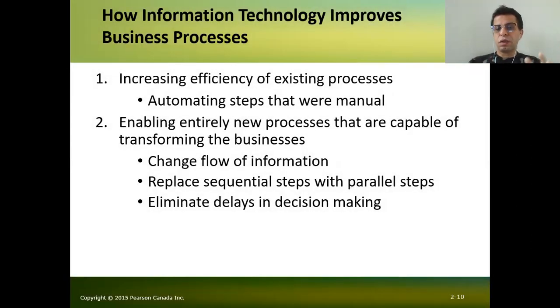When we use technology, we will increase the efficiency of existing processes because the information will be moving smoothly. There will be automation of steps that were done manually and are now done electronically, and also enabling entirely new processes that are capable of transforming the business, like changing the flow of the information, replacing sequential steps with parallel steps, and eliminating delays in decision making.